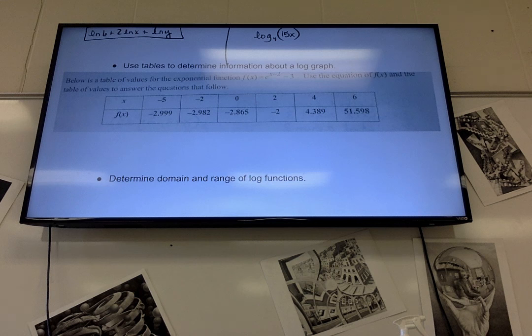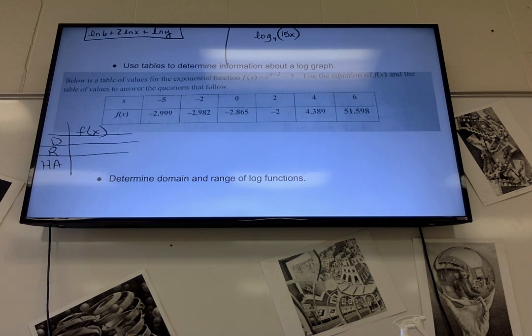Okay, so this one, by the way, also comes from page 514, the table that comes from the homework. If you want to fill that out as we go over it. So you'll be given a table of information and asked some things about it. Like on this one, we've got domain, range, and horizontal asymptote for f of x.